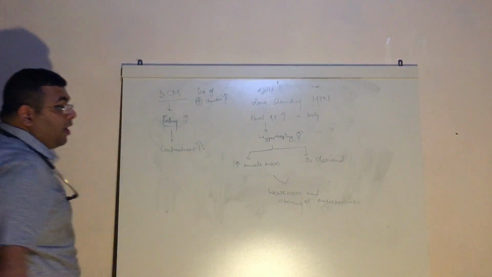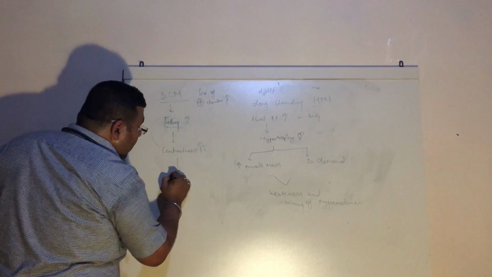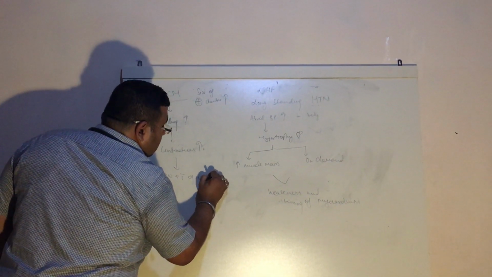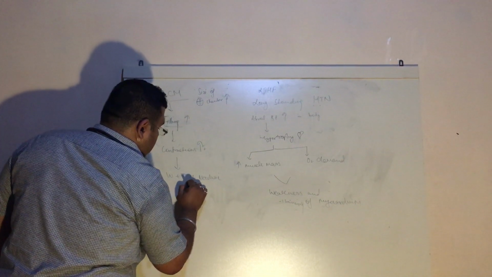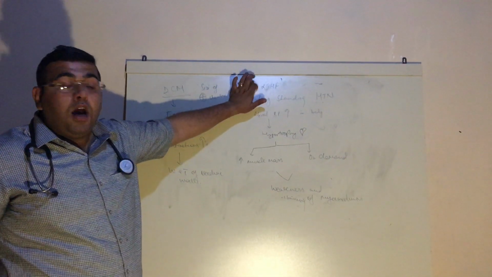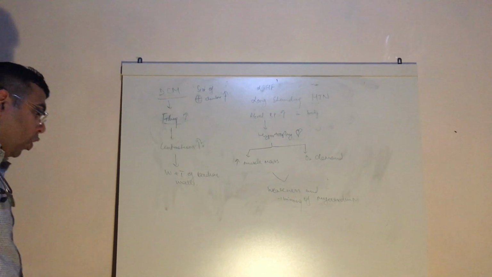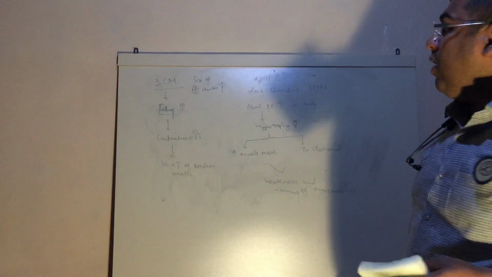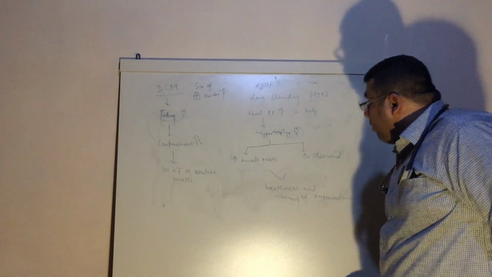In relation to the increased filling, the contraction also increases, and that leads to weakness plus thinning of the cardiac walls, and that leads to left side heart failure, guys.